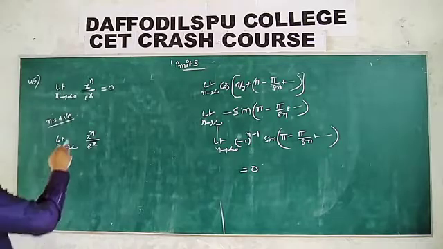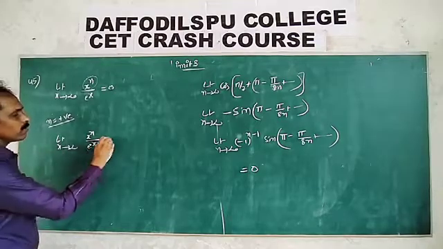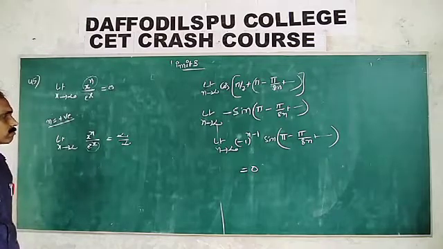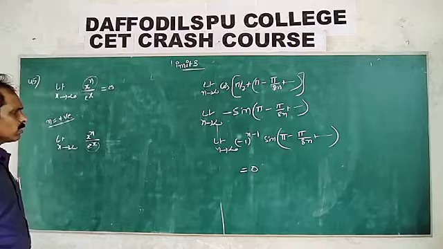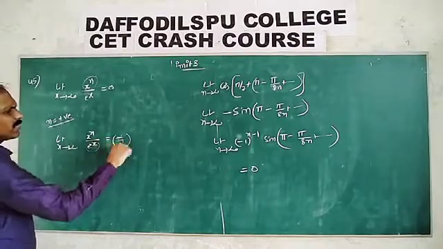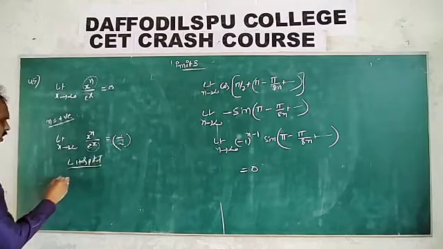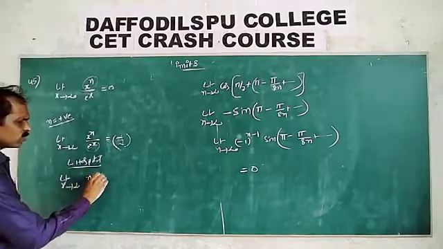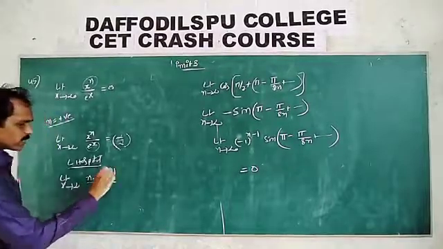Right. Direct substitution, what happened here? Infinity by infinity, an indeterminate form. First apply L'Hospital's rule. First time, take this one, infinity by infinity, L'Hospital's rule. Limit x tends to infinity of n x^(n-1) over the derivative of e^x.